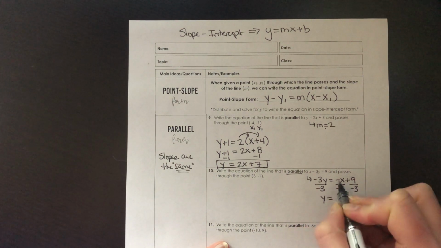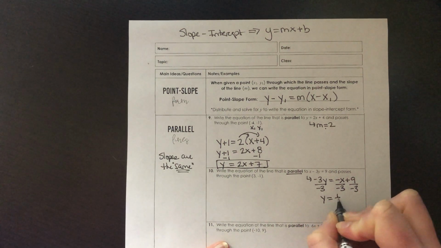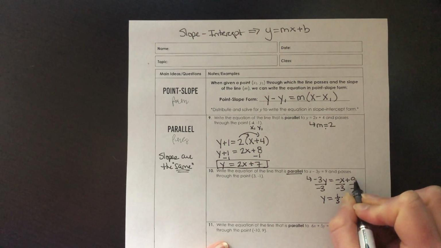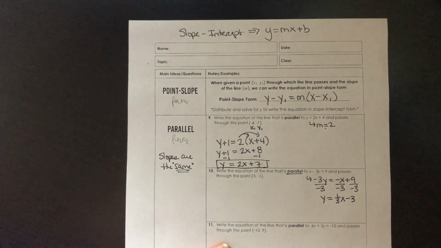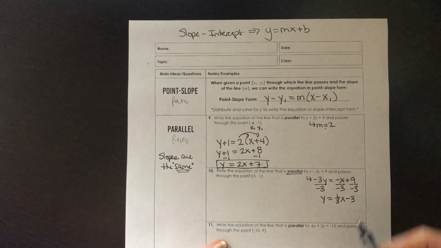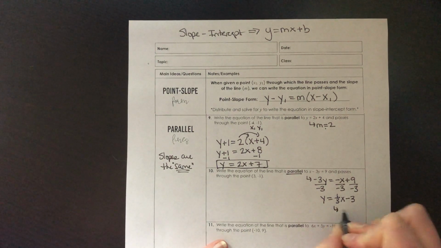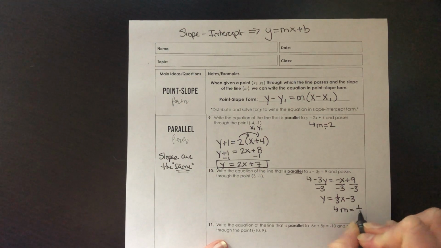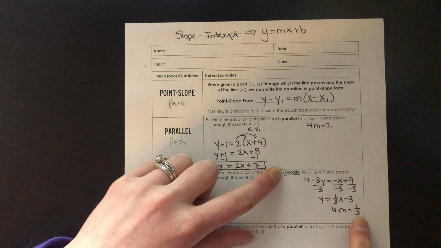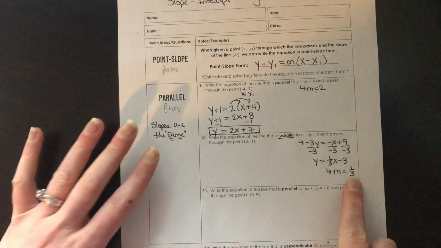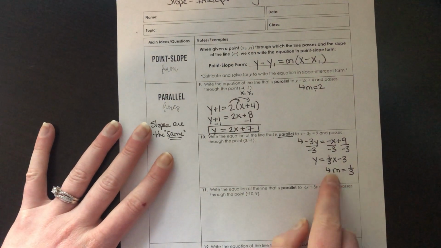So I get y equals positive 1/3 x, and 9 divided by negative 3 is negative 3. Okay, so now I see that my slope is 1/3. So if it's parallel, I need the same slope. So this was step 1.